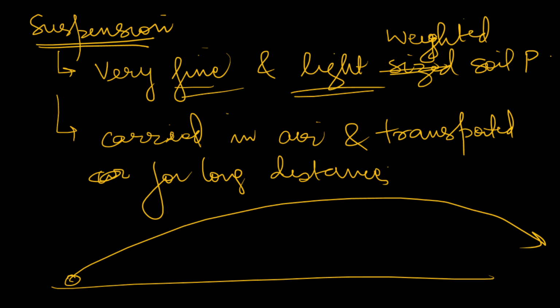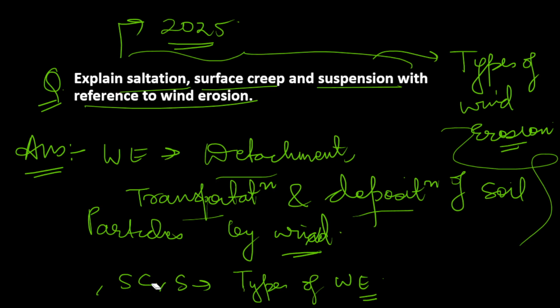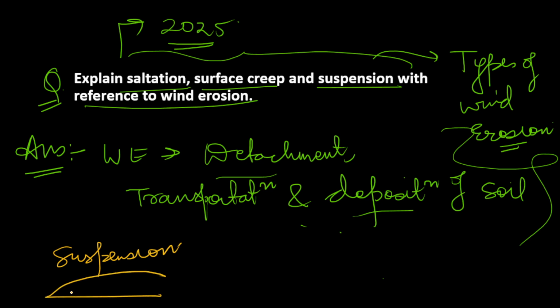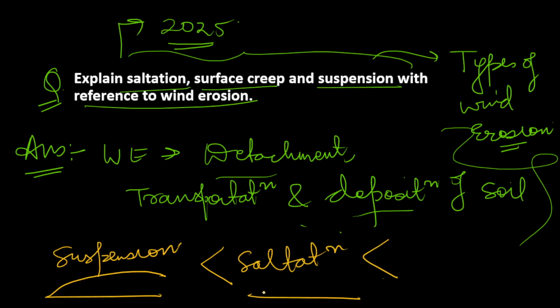So you see the difference. When it comes to the size of soil particles, in suspension the particles are very small and able to remain suspended in the air for a long time. Then we have saltation, where the soil particles are medium-sized and move in a jump motion.